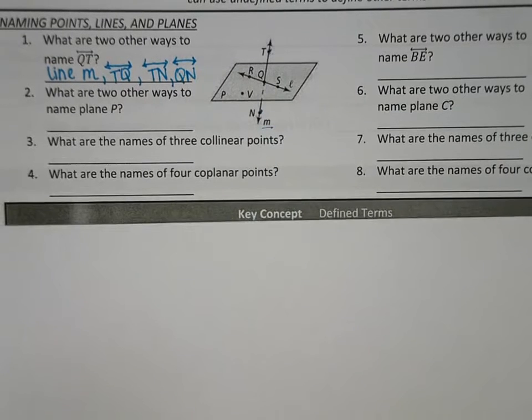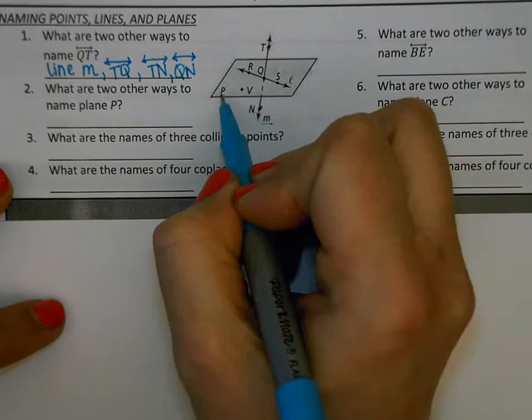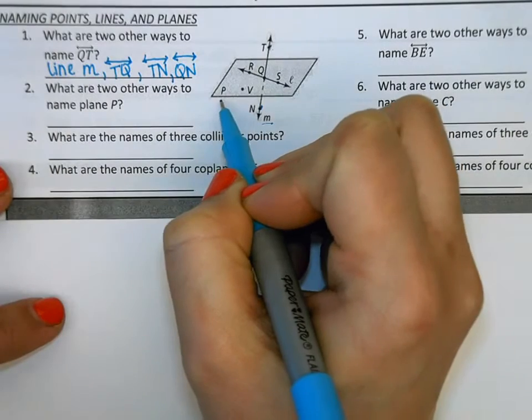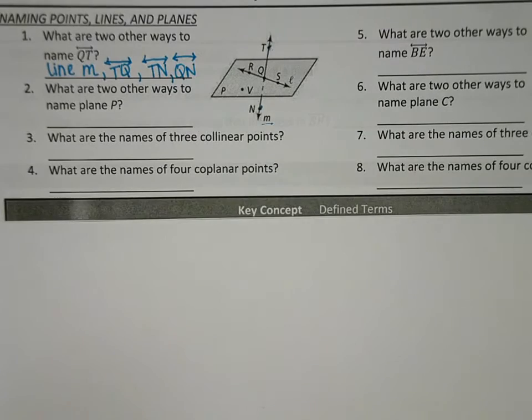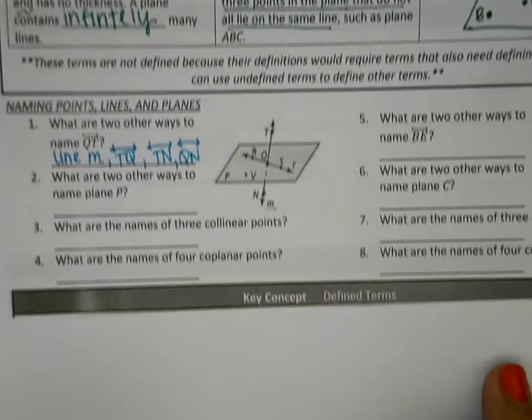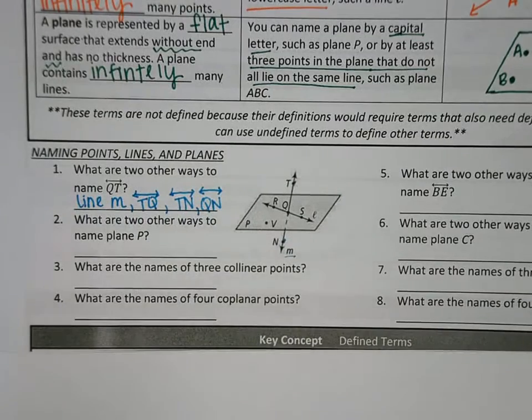What about number 2? What are 2 other ways to name plane P? So notice how this whole plane is plane P. What are ways that we can name planes? What did our definition say? How many points do we need? 3. Can they be collinear?